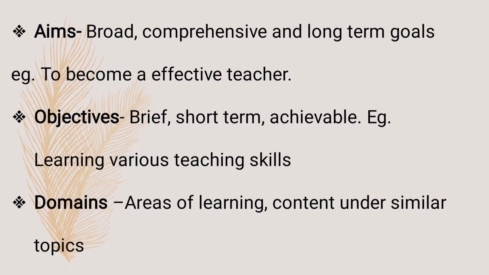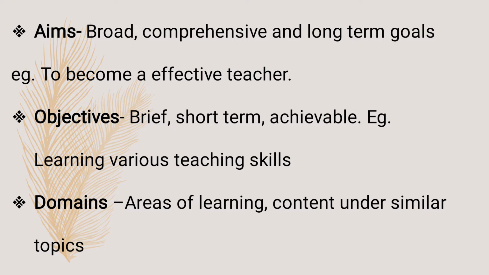Then, what does the word domain mean? Domains are nothing but the areas of learning. When you learn biology, you learn different types of content, is it not? For example, if you are going to learn about cell biology, you will be learning the definition of cell, the different types of cell, the cell structure, the organization, everything.